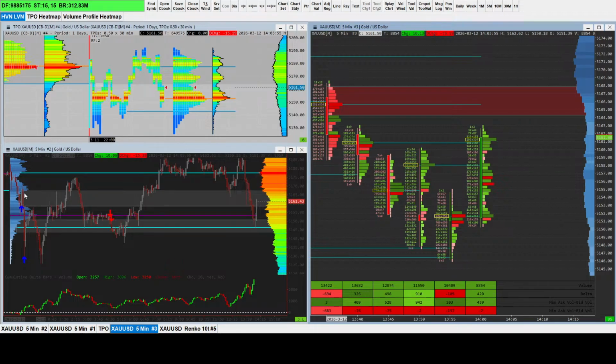Low volume node, and before entering a previous distribution. Still, if we do end up closing bullish, I will definitely end up buying it. Does order flow keep me out of trades, or does it get me to enter? 40 seconds left.